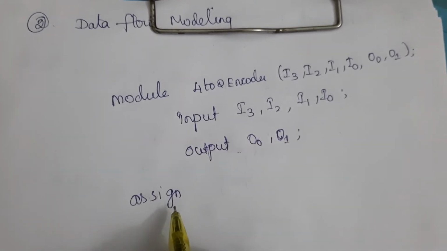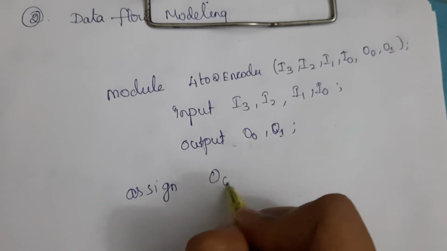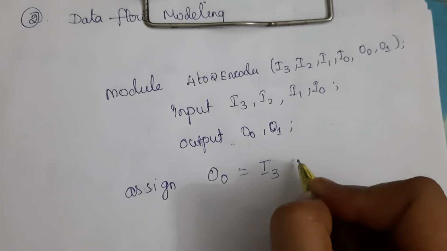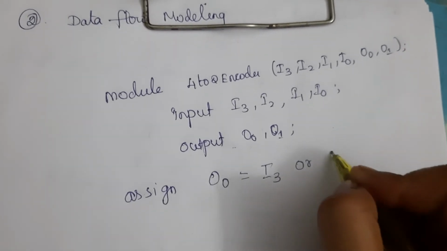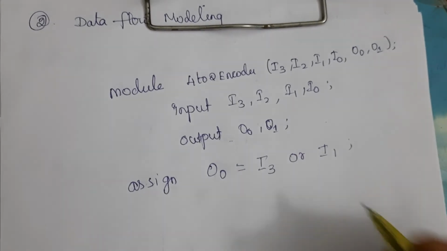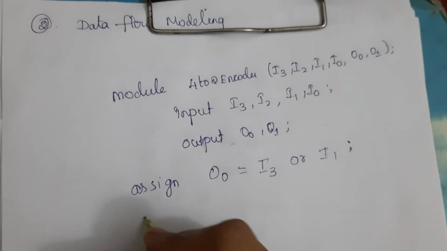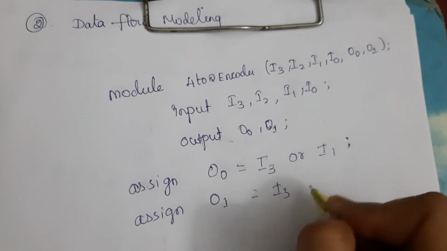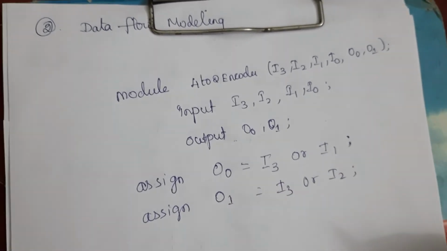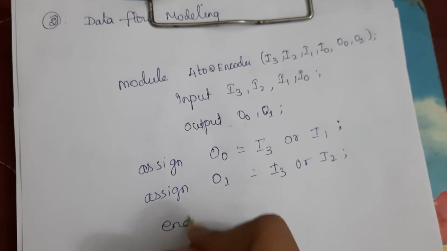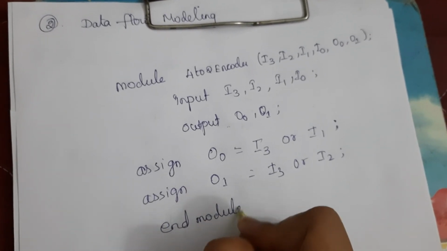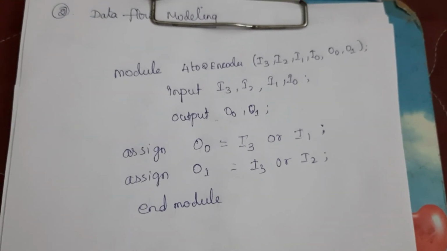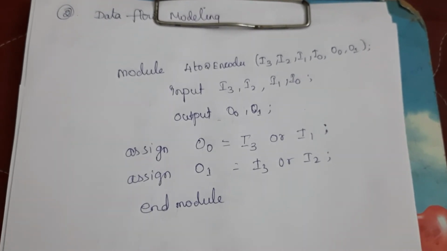So the keyword here is assign O0 is equal to I3 or I1. Again assign O1 is equal to I3 or I2, and end module. So this is the 4 to 2 encoder Verilog code using data flow modeling.